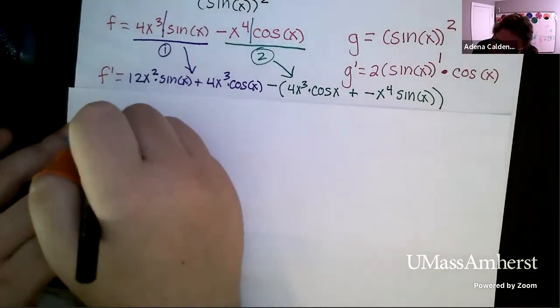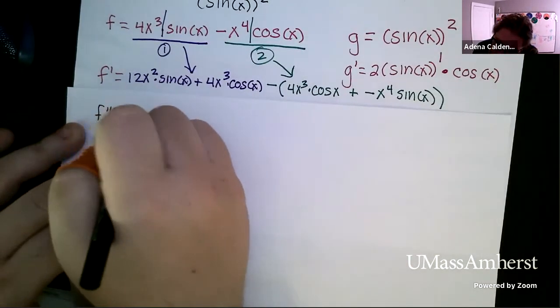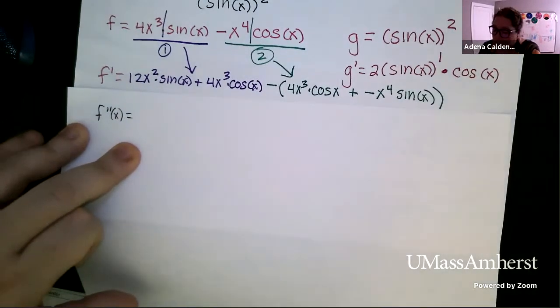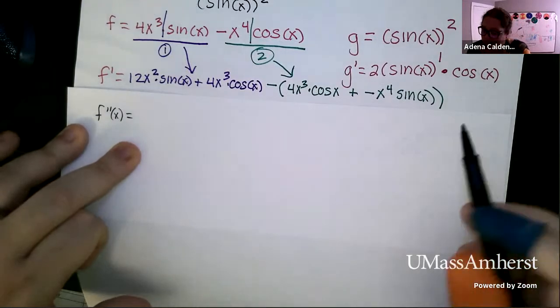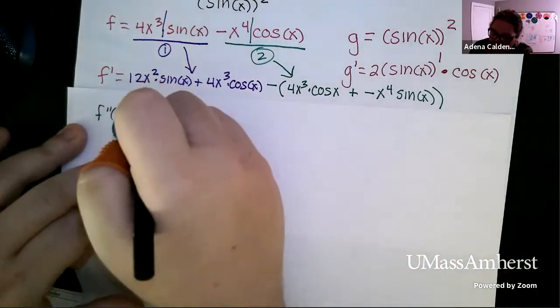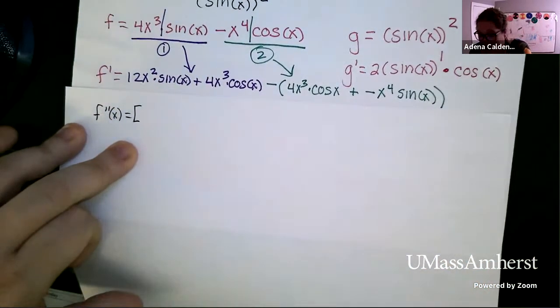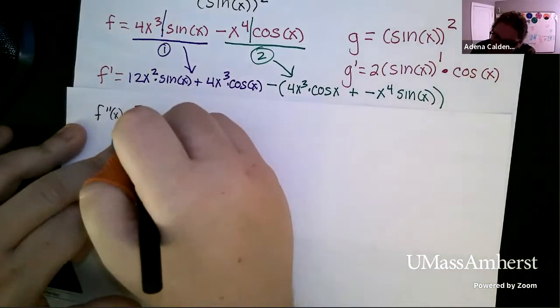So again, this is all to find the second derivative. And so the quotient rule says we're going to do f prime times g is the first part. F prime is really long, so I'm going to use brackets just because there's already parentheses in here.